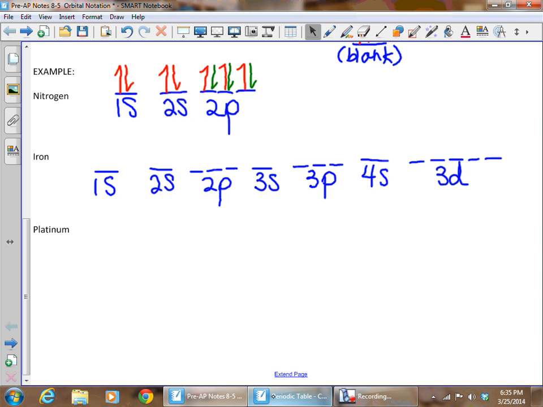We are going to fill up all of the lower sublevels, just like the Aufbau Principle told us to. And we're going to fill up all of the sublevels up until the last one. Recall that Hund's rule says that all those electrons want to sleep in their own bed, and we've already established that iron is the 6th element over in its block.